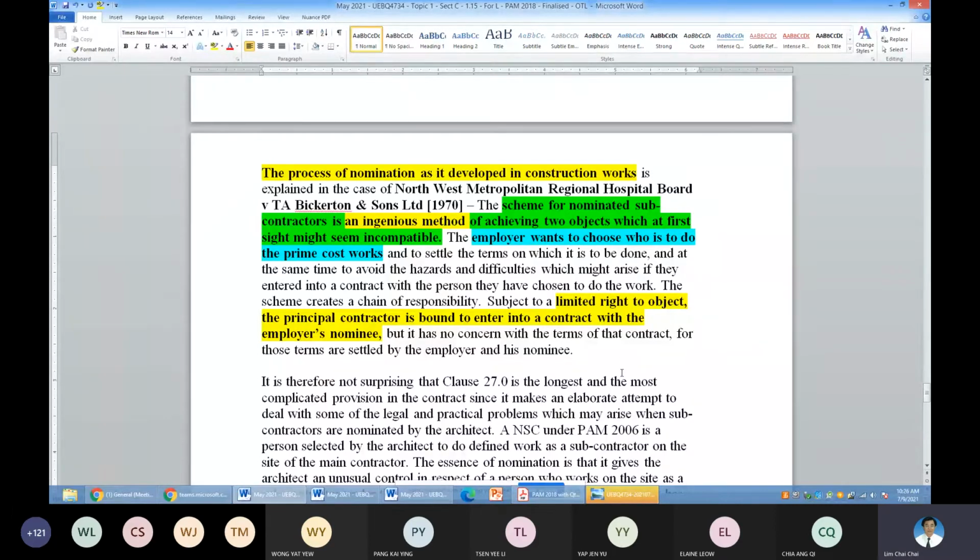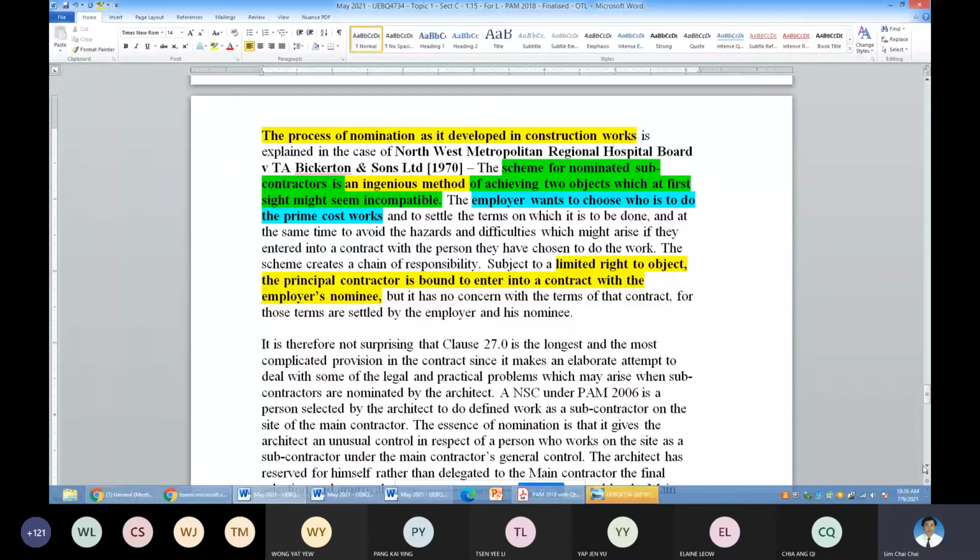If I got the power, I will delete all the NSC system from the contract. Let the main contractor choose their domestic subcontractor. Any problem, whatever thing is the main contractor's headache. Why go and mess around with the main contractor's responsibility and liability? It's just too bad. Our system is adopting the UK, and then most of our consultants adopt them blindly.